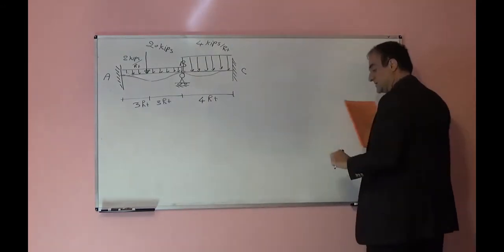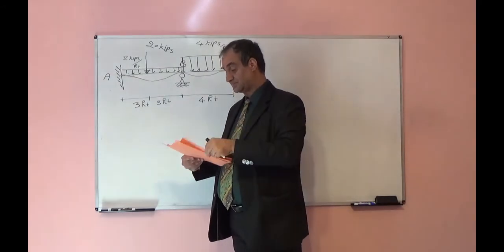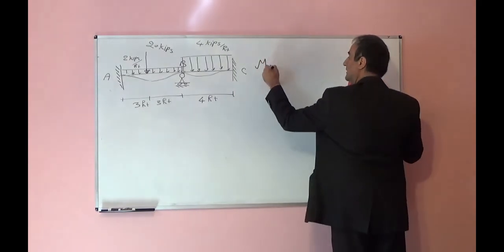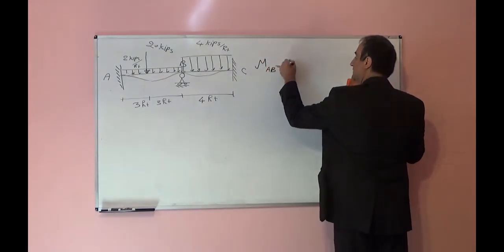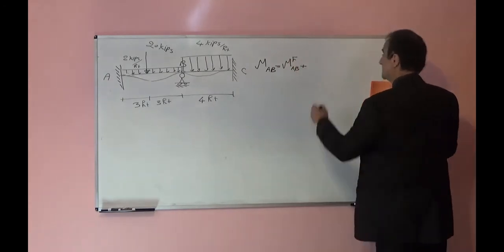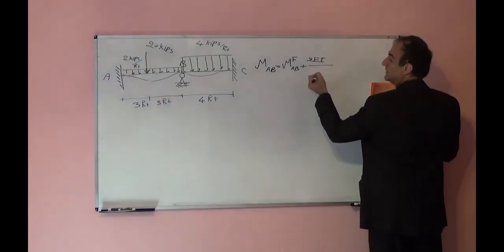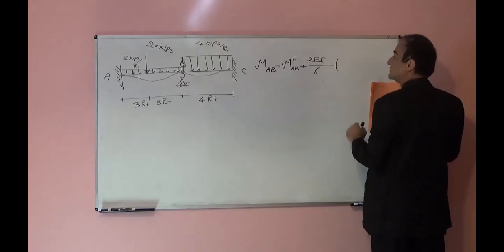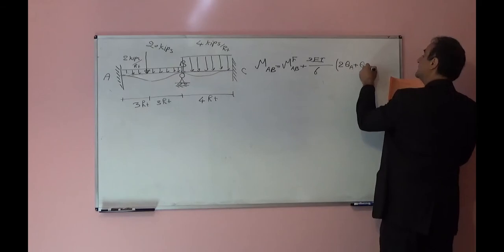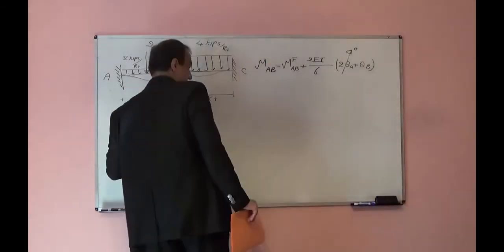Now I will write the slope deflection equation. MAB will be equal to M fixed AB, which I found, plus 2EI over L, L here is 6, times 2 theta A plus theta B. Theta A is equal to 0 because it is a fixed support here.